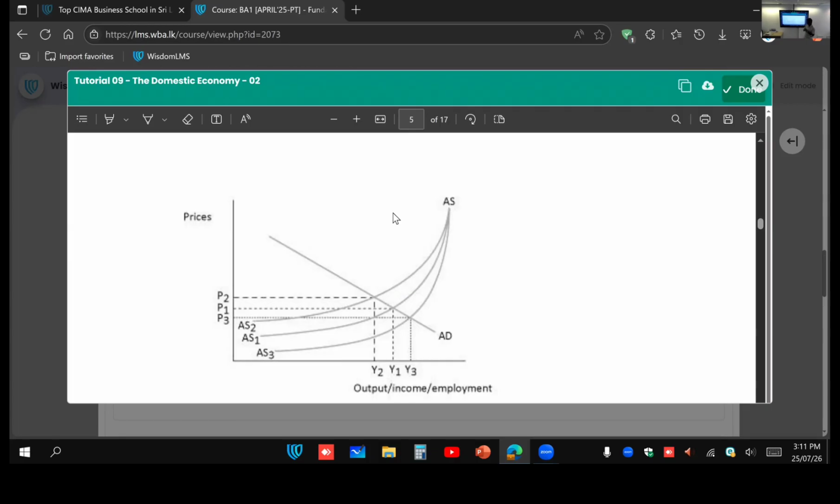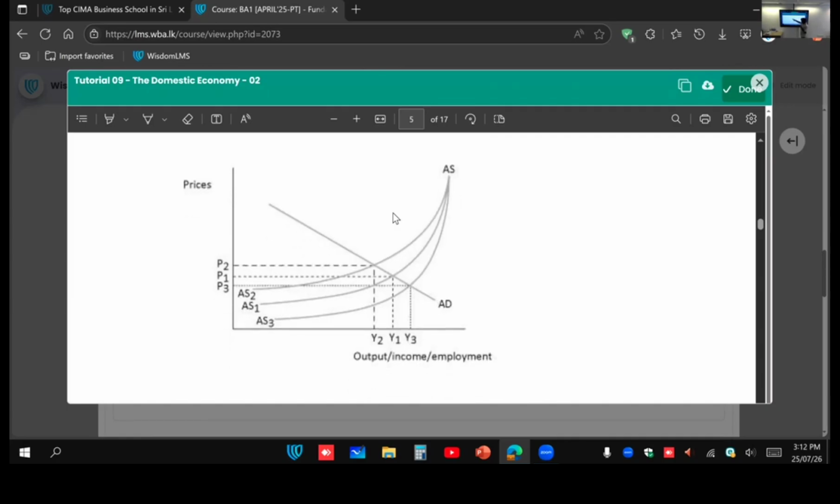Aggregate supply AS1 to AS2. Increased, decreased, confused? Decreased. Right. AS1 to AS3, increased. All right. So the demand curve remained the same.